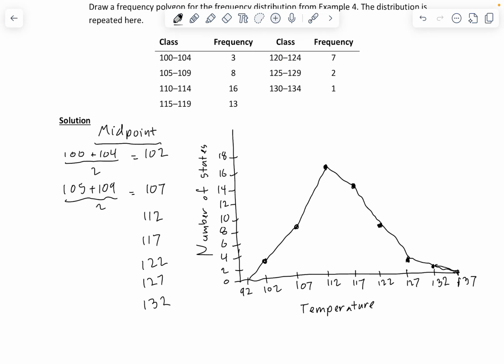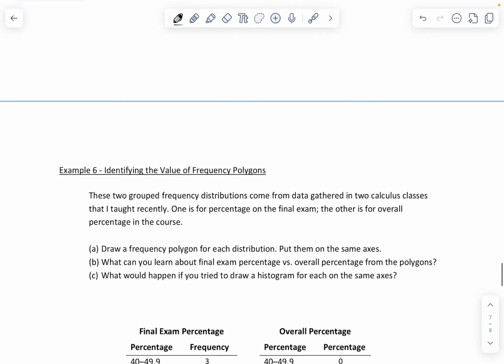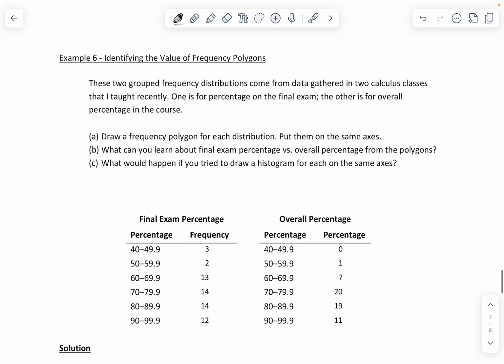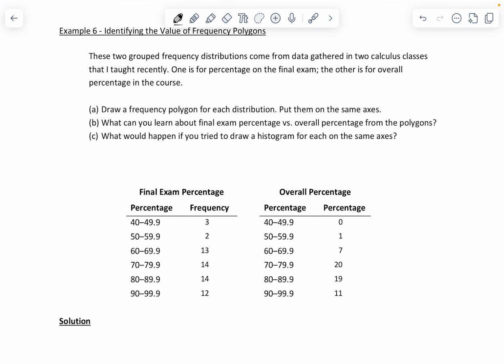Let's look at another example here, identifying the value of frequency polygons. These two grouped frequency distributions that we're looking at down here come from data gathered in two calculus classes that I didn't teach, but somebody taught recently. One is for percentage on the final exam.